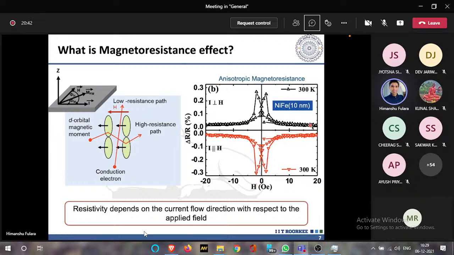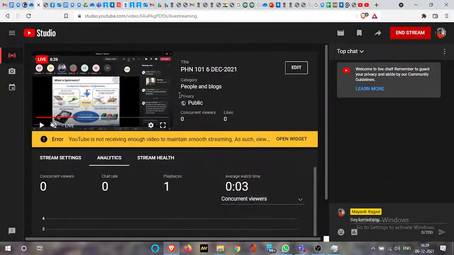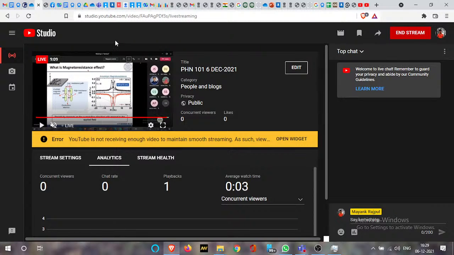And how it changes, you see? Here I have plotted the percentage change in the resistance within the range of -20 to 20 oersted. 1 millitesla is equal to 10 oersted, basically.